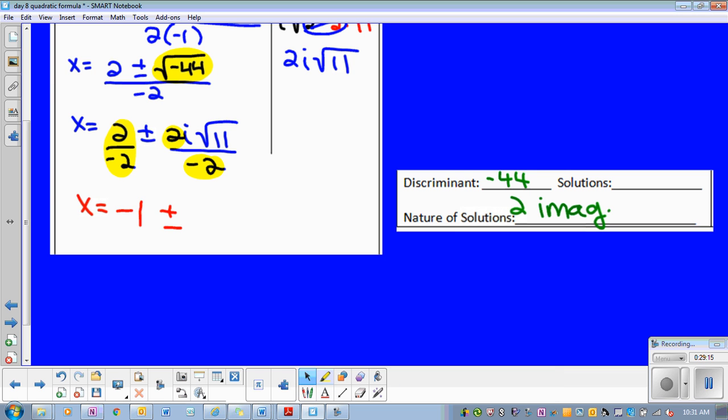Okay. So -1 plus or minus i root 11. You know, if you leave it like this, this is fine. Okay? Technically, you don't need this extra negative right here because you have a plus or minus in front of it. What's a plus of negative?